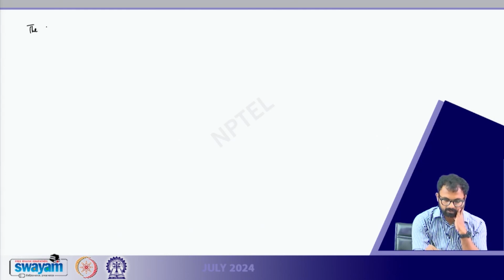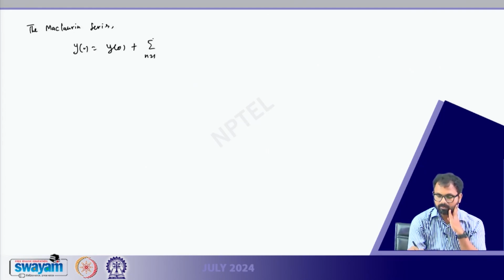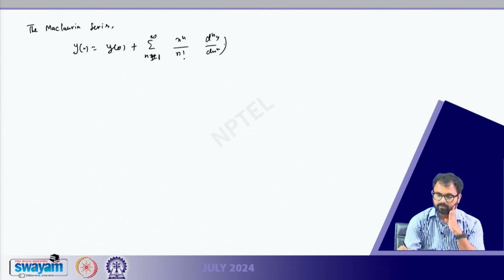Therefore, the Maclaurin series will be y x equals to y 0 plus summation n running from 1 to infinity x to the power n by factorial n times dny by dxn at x equals to 0.